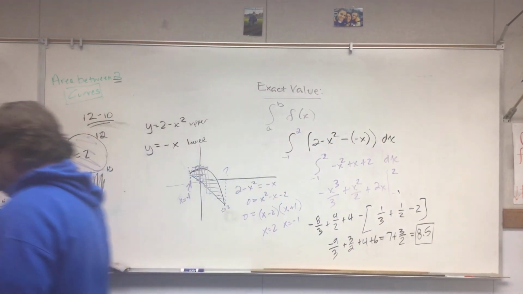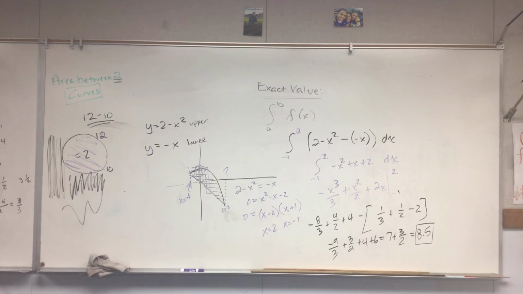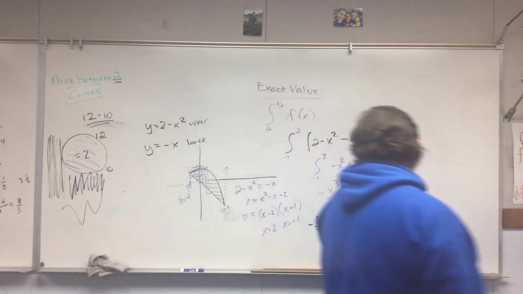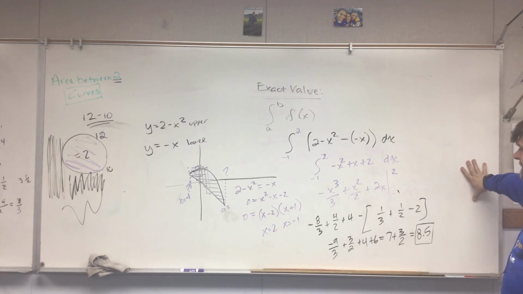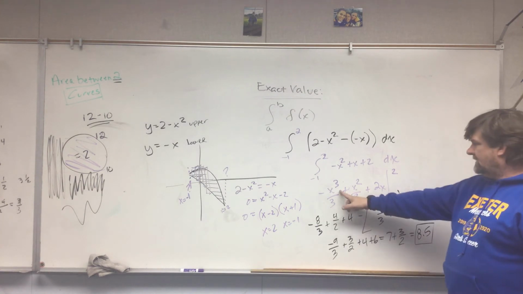All right. Why did that not come out right? What did I do wrong? What feels wrong here, guys? I don't know. Something feels wrong. It's 1, -1/3.